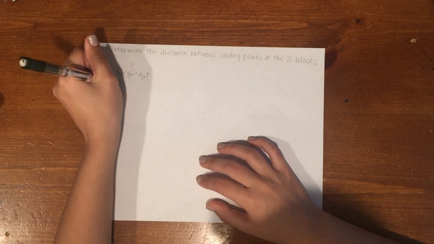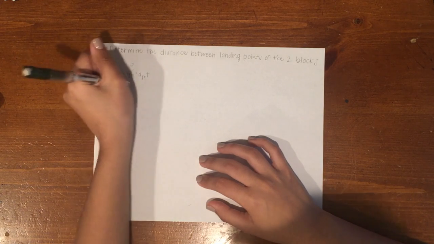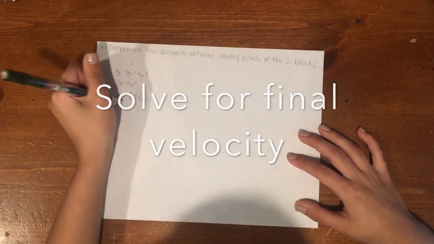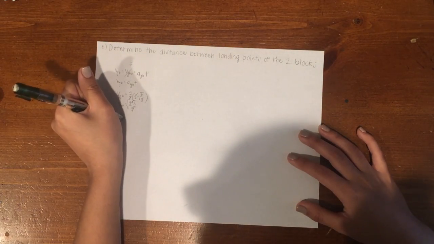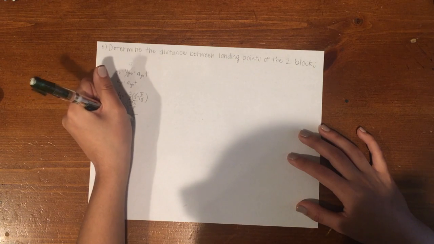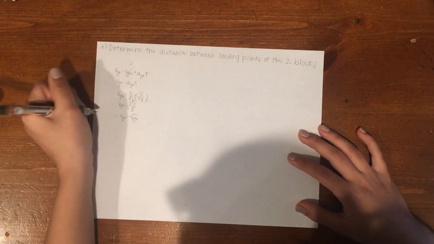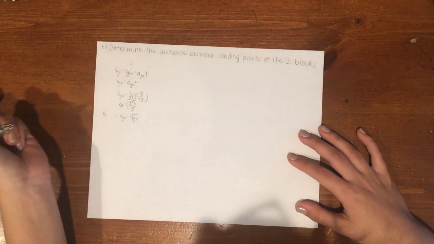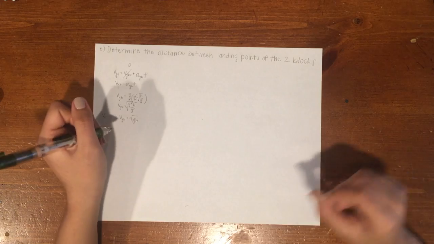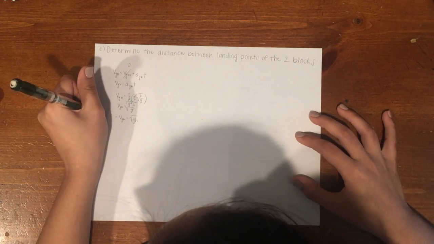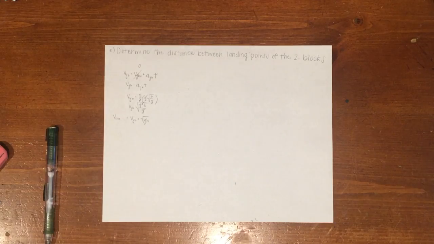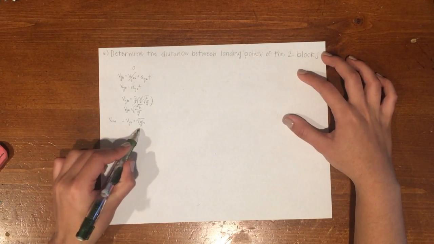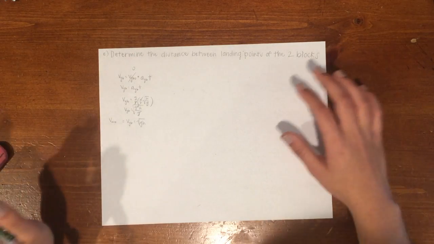So v y b equals a y b t. So v y b is going to be gh, which is also going to be the initial horizontal velocity of A, since it's moving on the tabletop horizontally.